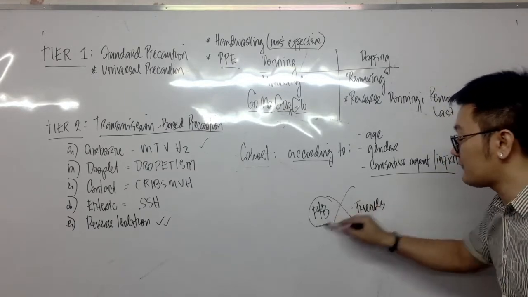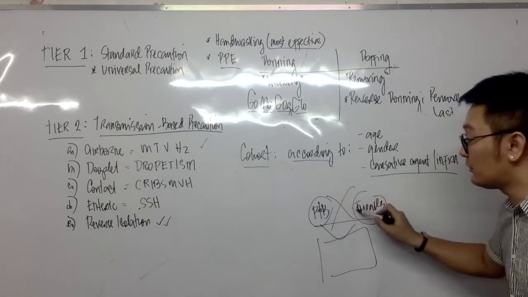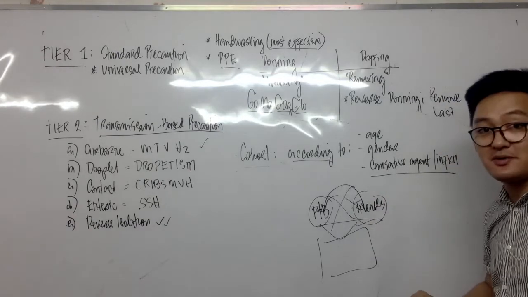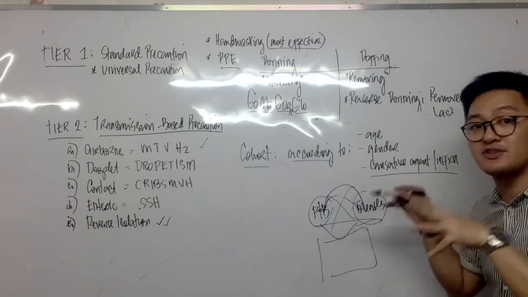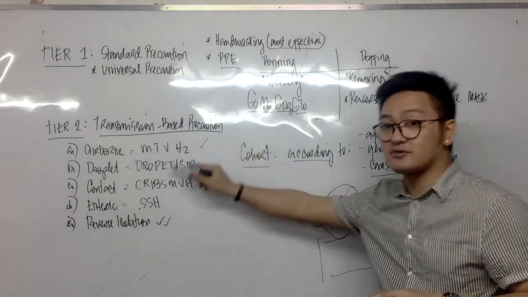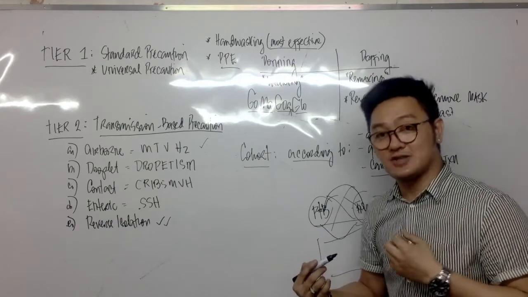Why? If you group these two in one room, a patient with TB will eventually get measles, and a patient with measles will eventually get tuberculosis because they are both airborne spread. So do not cohort patients based on mode of transmission. Cohort them according to infection or according to its causative agent.